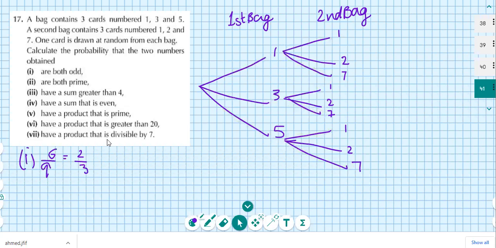All right, next part, number 2: both prime numbers. So the first branch is this, 3 and 2, both prime numbers. Similarly for 5, 2, and 5, 7. So there are 3 branches which have both prime numbers.